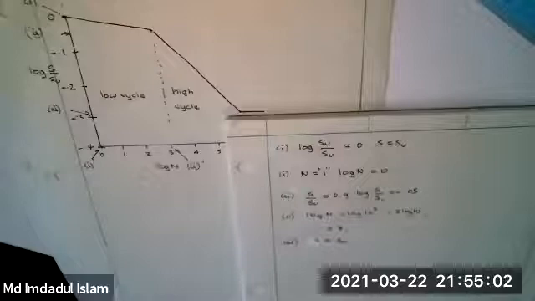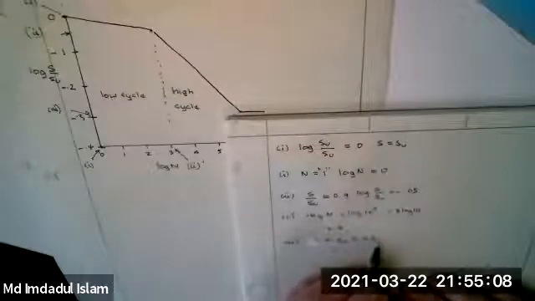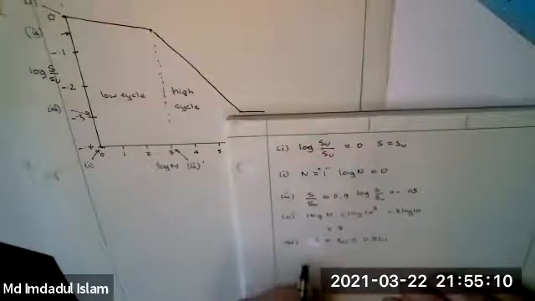Sn is the strength for indefinite life, and it's approximately equal to 0.5 SU.